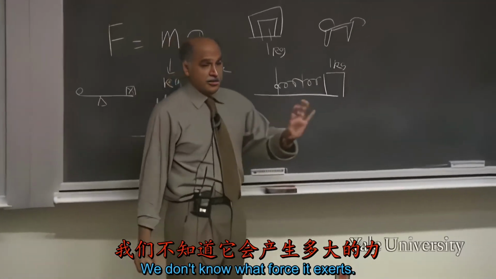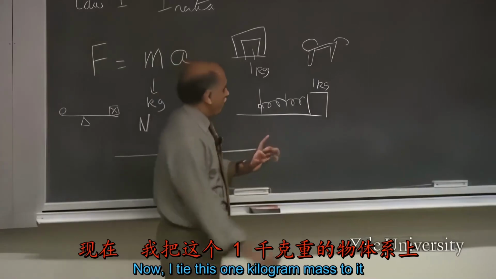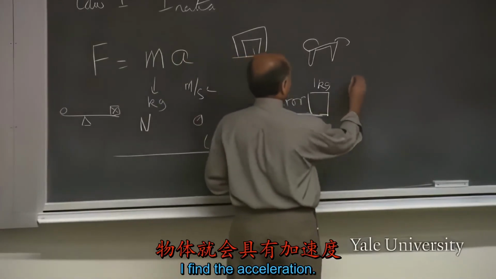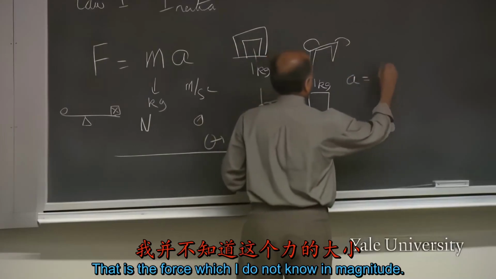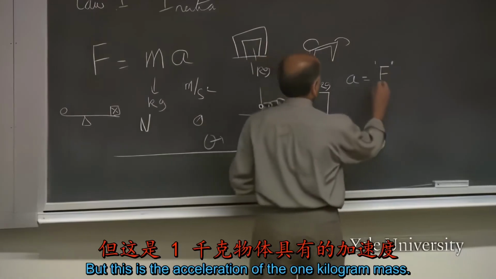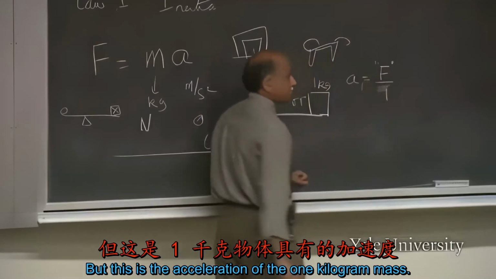We don't know what force it exerts, okay? But it exerts some force. Now I tie this 1 kilogram mass to it. I let it go, and I find the acceleration. That is the force, which I do not know in magnitude, okay? But this is the acceleration of the 1 kilogram mass.